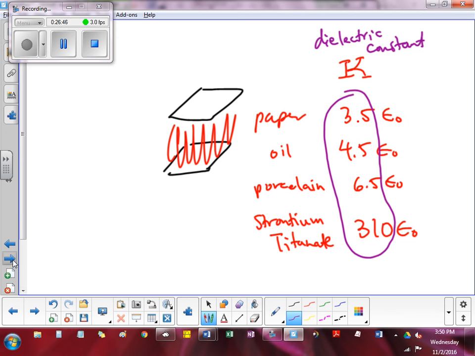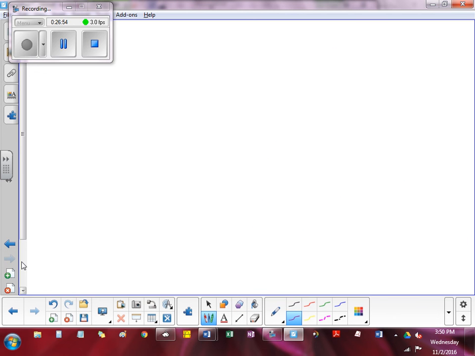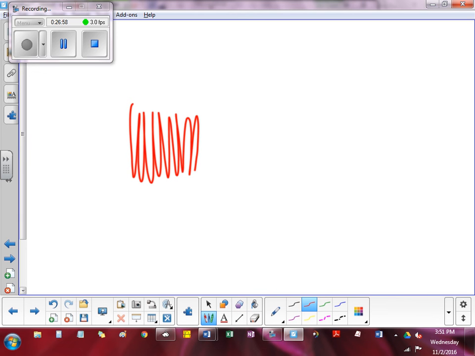All right, just a quick comment or two. There are polar dielectrics and also non-polar dielectrics, as mentioned in our book. Sometimes the goo that's between the plates actually has dipoles that can be readjusted. So the molecules in here might actually align themselves in the electric field direction.